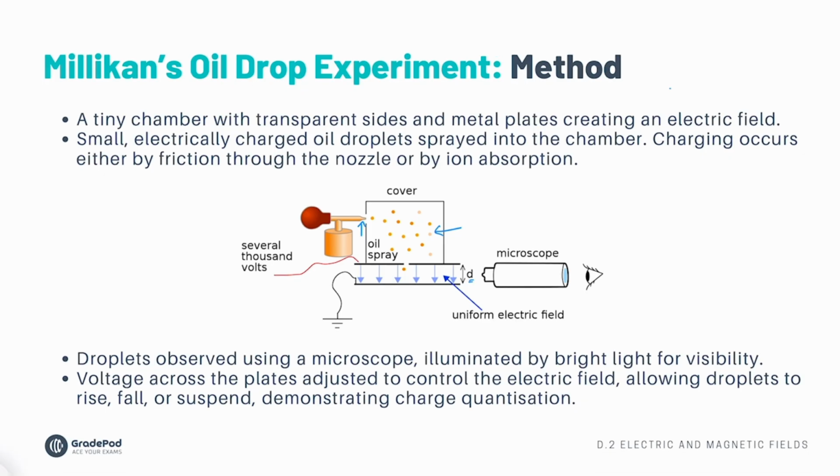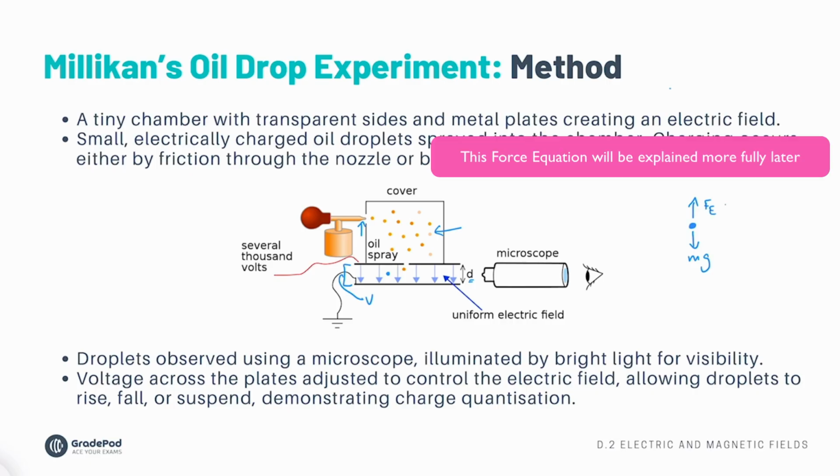Each oil drop enters this tiny chamber, and what Millikan does is he varies the voltage. And what he wants to do is get one of these little oil drops to be perfectly still. By perfectly still, I'm just going to draw it over here, it means that he wants to balance the weight of the oil drop with the upward electrical force on the oil drop.